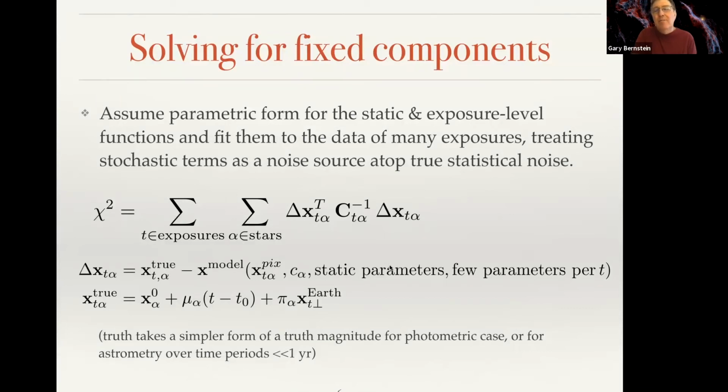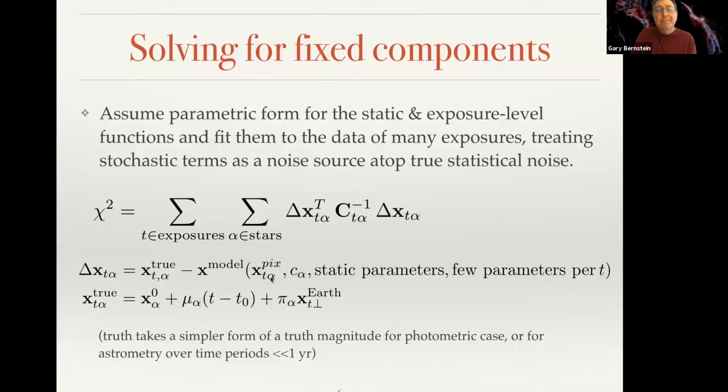And then our model might include some parameters that stay the same for all exposures and a few other parameters that might vary from exposure to exposure. So all we're going to do here is a giant parameter minimization using this covariance between the observables, the X and Y position basically on the array of each detection.